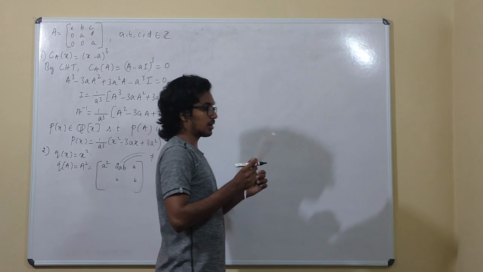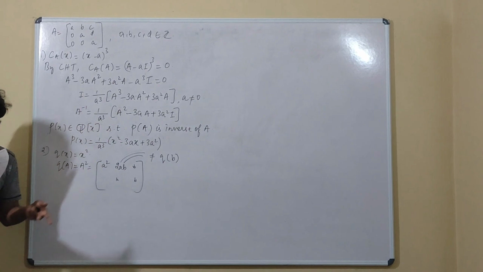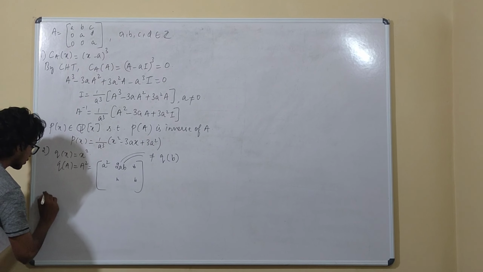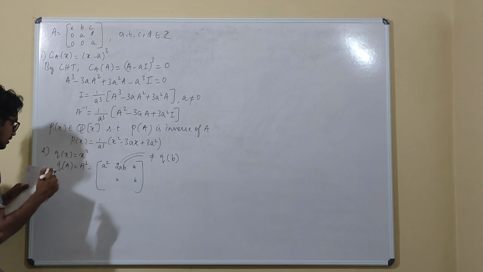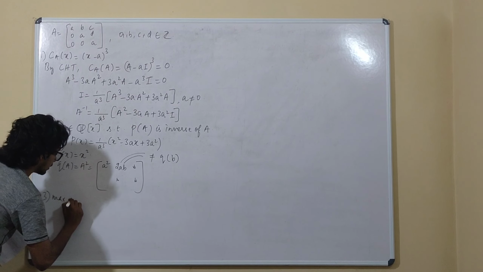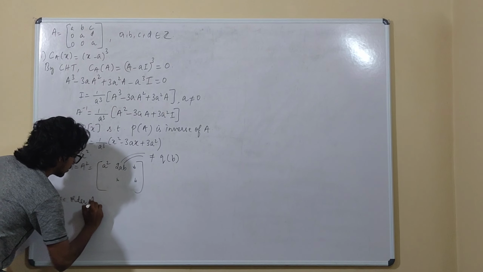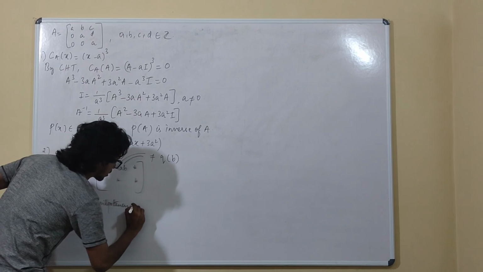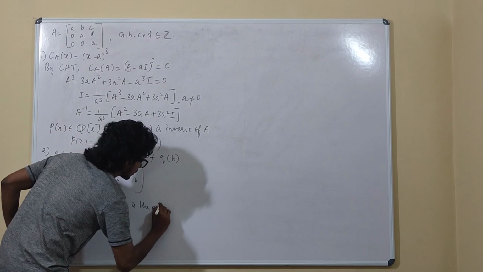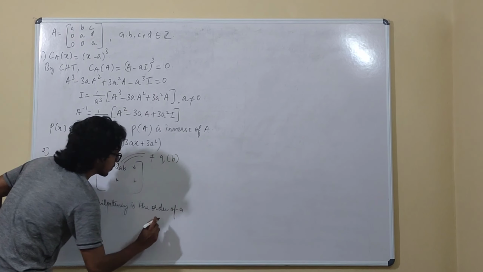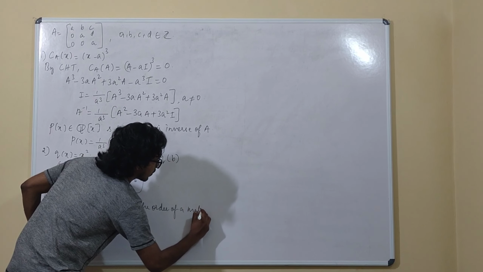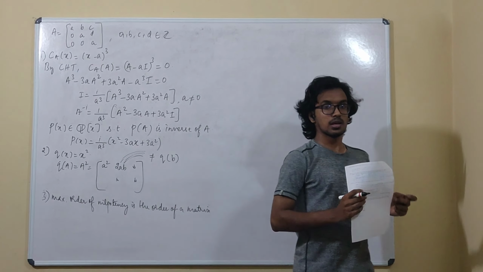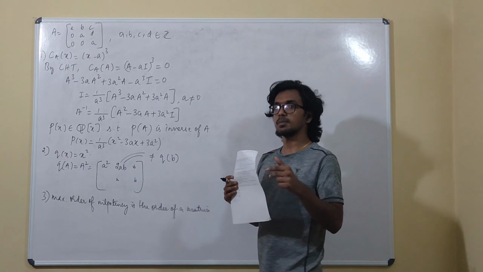The third one, if A to the power n is 0 for some positive integer n. There we will have to make use of the fact that the maximum order of nilpotency is the order of the matrix. Which means if you have a matrix of order n by n, then the maximum order of nilpotency will be n.